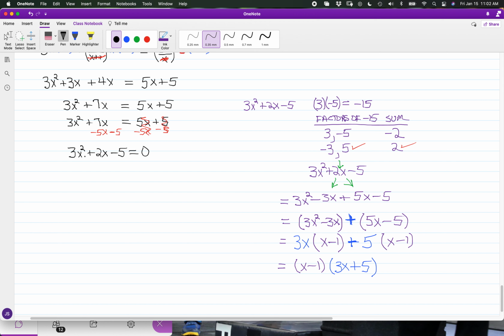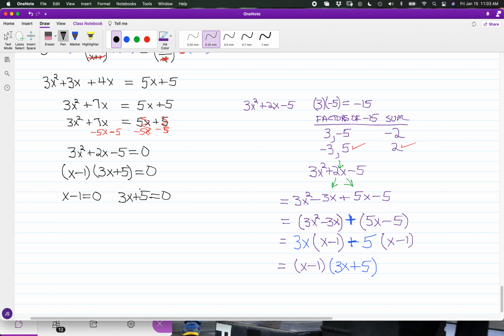Okay. So, taking what we have now back into the equation, for 3x squared plus 2x minus 5 is equal to 0, if I take these factors, okay, so I have the quantity of x minus 1 times that of 3x plus 5 is equal to 0. And now for the setup upon utilizing the zero product property, okay, we have x minus 1 equal to 0, as well as setting 3x plus 5 equal to 0.